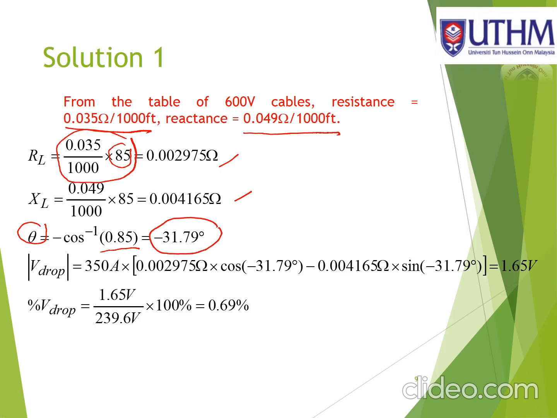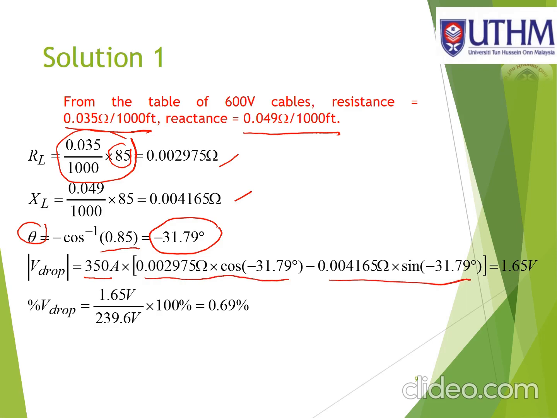So lastly we have to put all the values for R, X and theta in the voltage drop formula. So V drop is equal to IB given in the example, times R cos theta minus X sin theta.